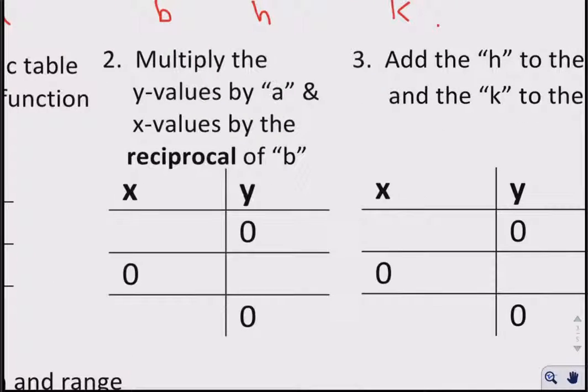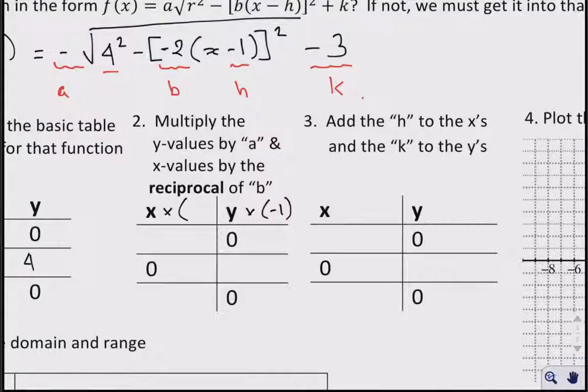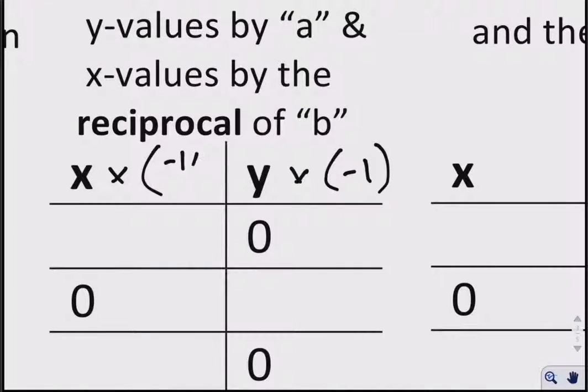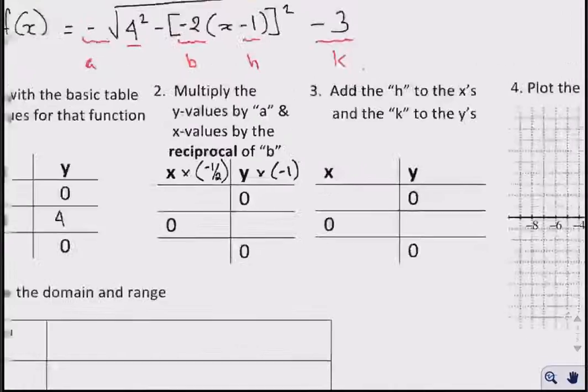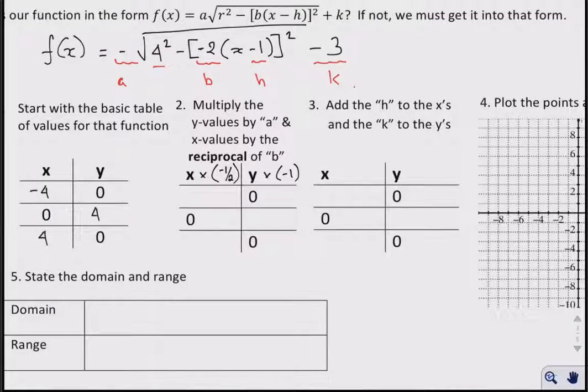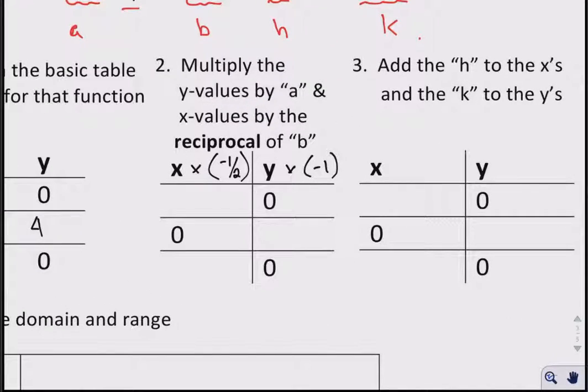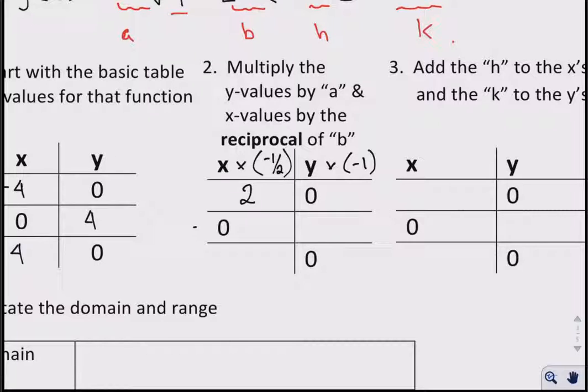So y will be times negative 1, and the x values will be multiplied by the reciprocal of negative 2, which is negative 1 over 2. What do I get here? Negative 4 times negative a half gives me 2. 0 remains the same. 0 remains the same on the next line. The y value becomes negative 4, and my x value here becomes negative 2.